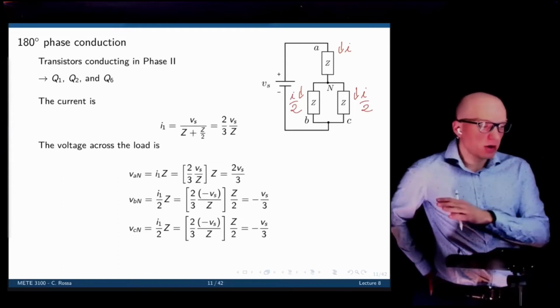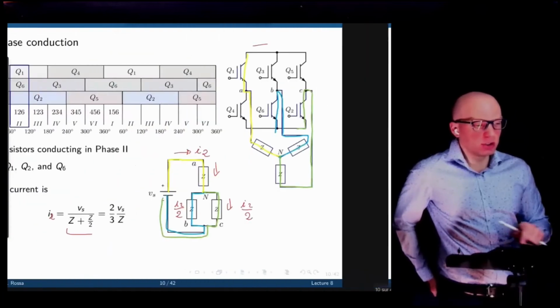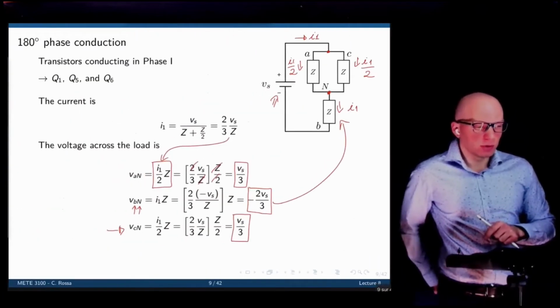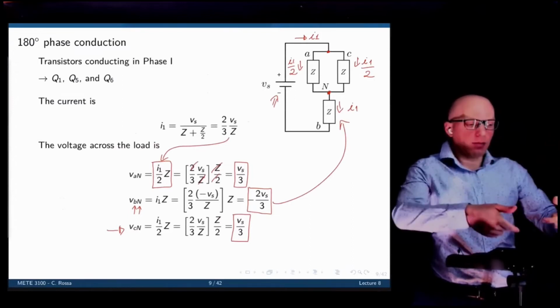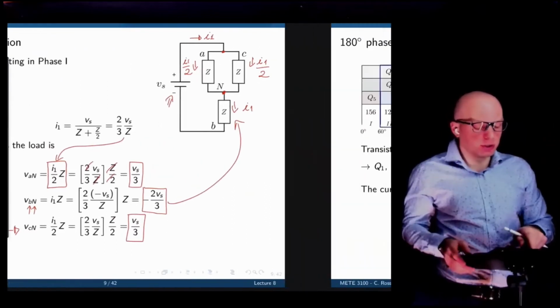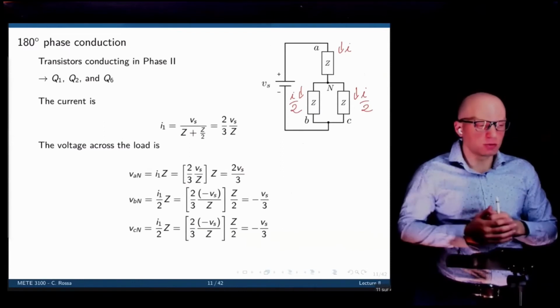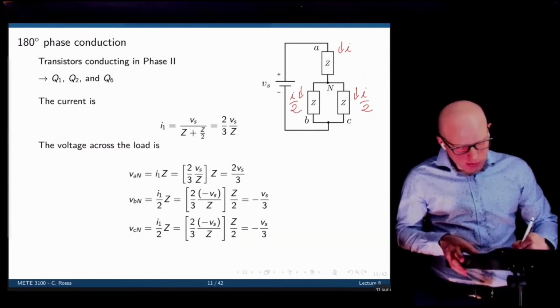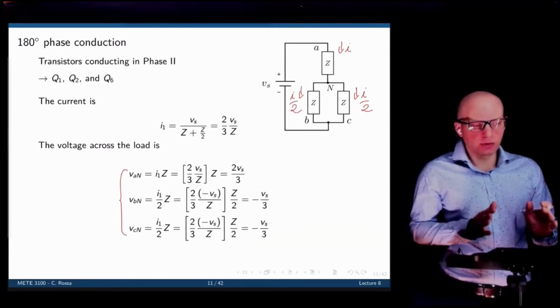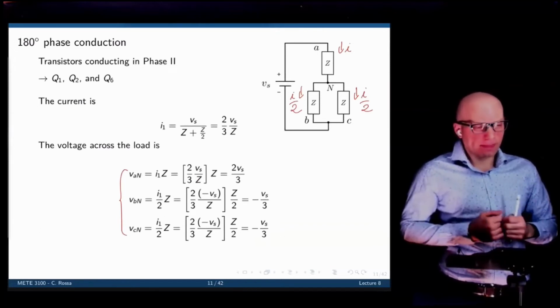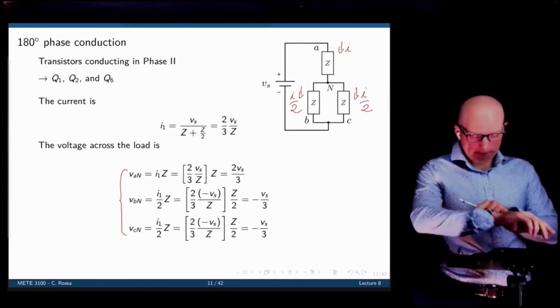It's the same levels of voltage as before, but now they are flipped. So the top becomes 2/3 and the bottom, in parallel, is 1/3 of the input voltage with the respective signs. Is this all good? Any questions so far? No?